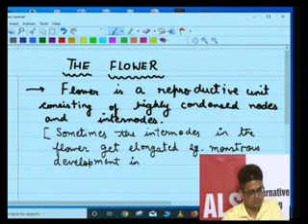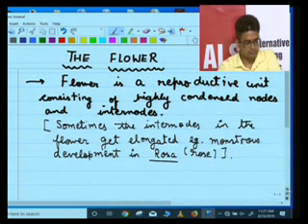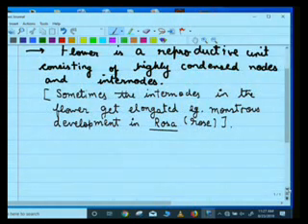Rose, or Rosa indica. Okay, so this is about the flower.